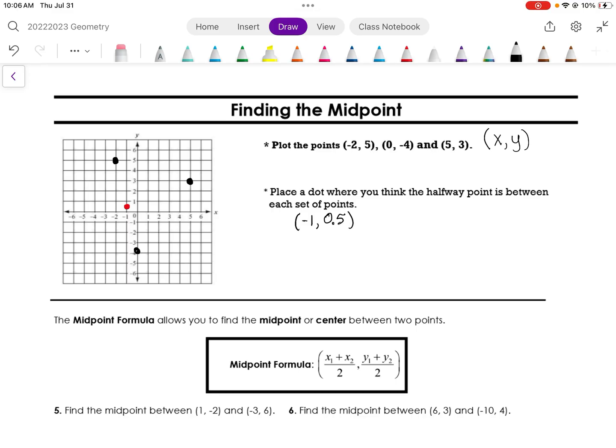If you look at the vertical distance between these 2 points, and you just count that, those are 9 away. You have to go down 9 boxes to get to the other point. Well, half of 9 is 4.5. So if I'm going halfway, then I need to go down 4.5, and if you start up at the top and go down 4.5, then I'm right there at that 0.5 mark, and that's my y value.